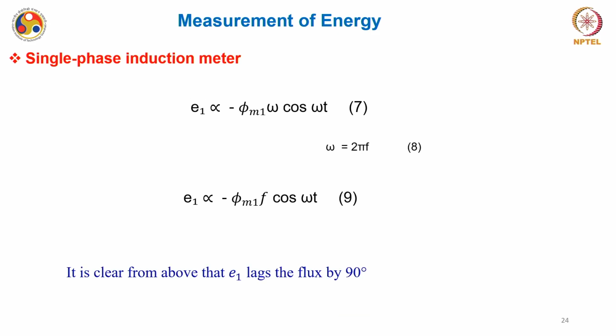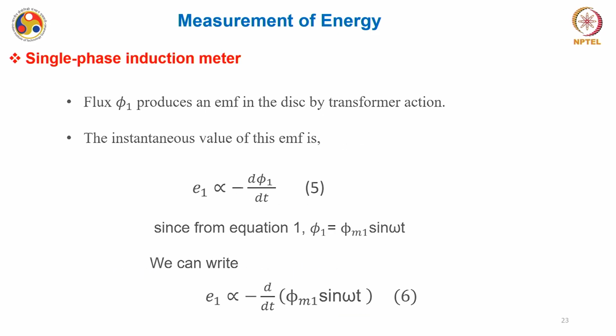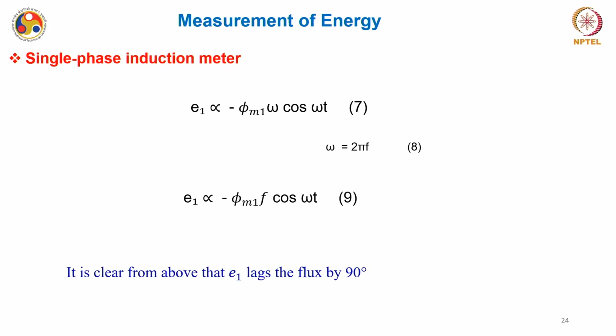Now if you simply take the derivative, you have E1 directly proportional to minus phi m1 omega sine omega t, and since omega is equal to 2 pi f, I can simply replace omega with f, because we are not taking any constant right now; I am talking mostly in terms of proportionality.